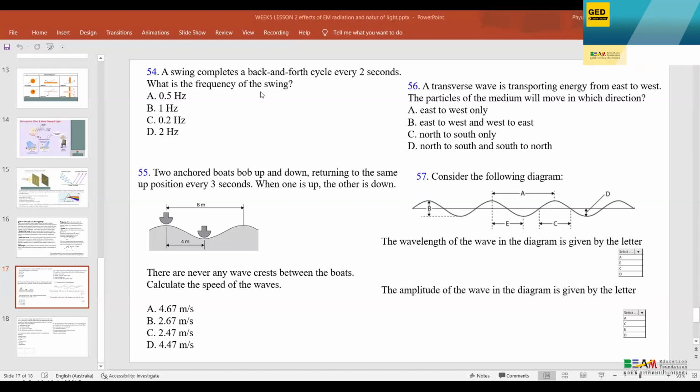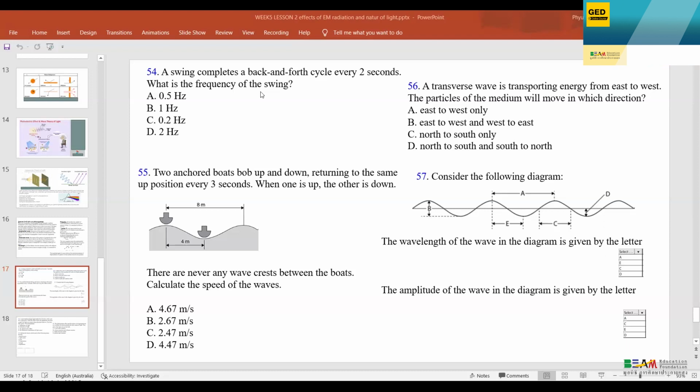What would be the particle movement? Are they parallel or perpendicular? Perpendicular. In this case, would that be A? The particles moving east and west would be parallel, isn't it? So which one would it be?